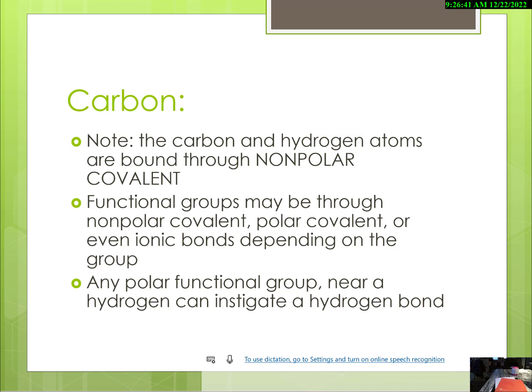A lot of times functional groups are polar covalent. So let me rephrase that. A lot of times functional groups have polarity and so can interact with molecules nearby in a way that the rest of this carbon-hydrogen chain would not.